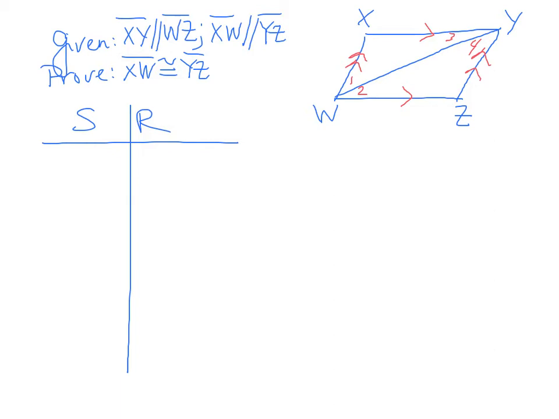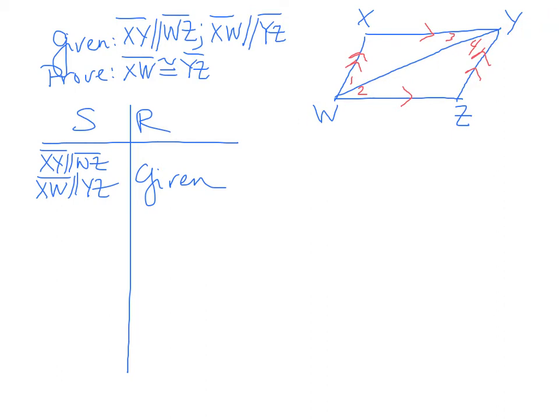Okay, so I'm going to start with simply the givens. Okay, and as I write these givens, what I'm thinking about is, oh, parallel lines. What do I know about parallel lines? As I look here, these lines are parallel. At this picture, this to me looks like a transversal that might be helpful.